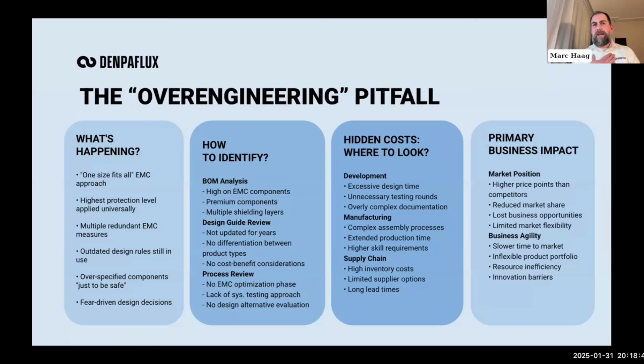One size fits all always sounds nice because we say we have less complexity, but you are also inheriting cost into your product, which is not necessary. So here it is almost the same strategy as over-engineering.